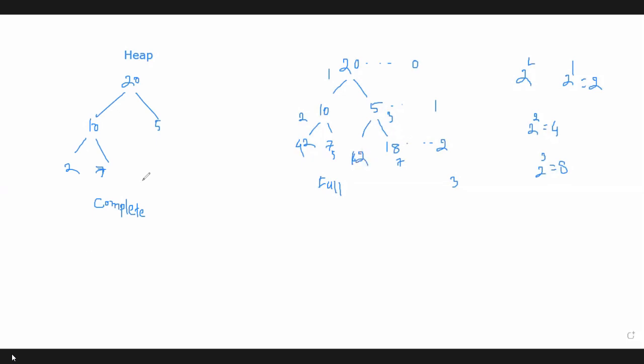And this is the same for a complete tree. What I said, in a complete tree, only the last level can be incomplete. That means without filling this level, we can't take a node in the next level. It's impossible. Or suppose 5 doesn't have any left child, but we have added a node as the right child. It's not a complete binary tree. Still, it's a binary tree.